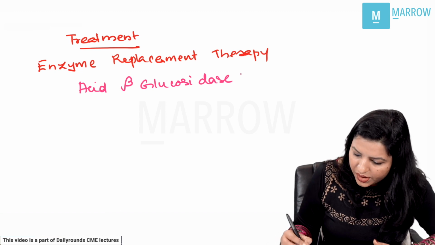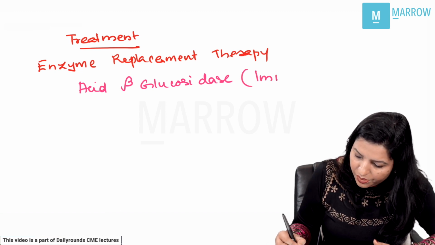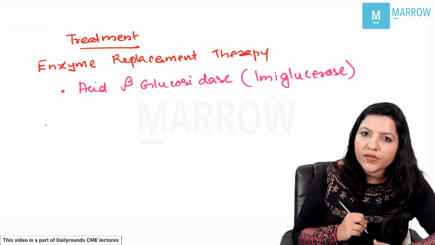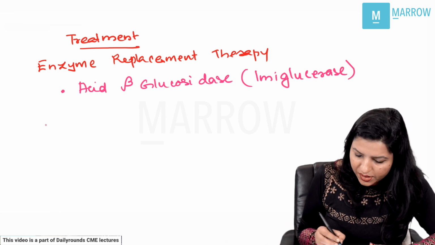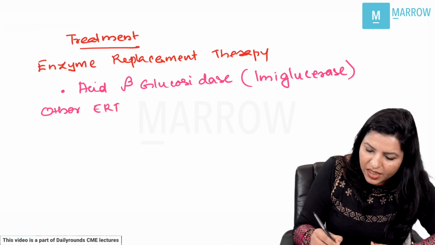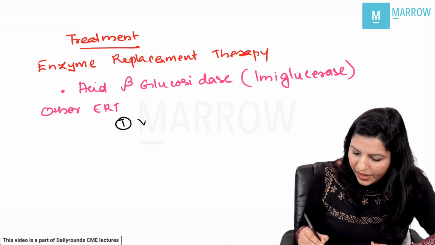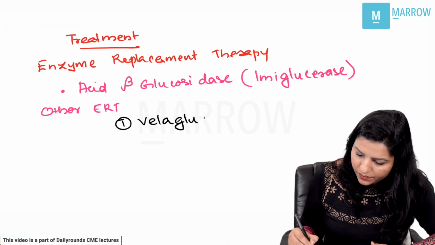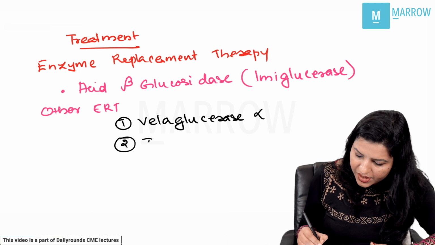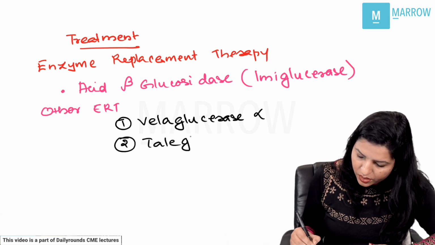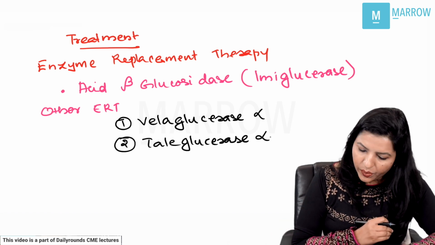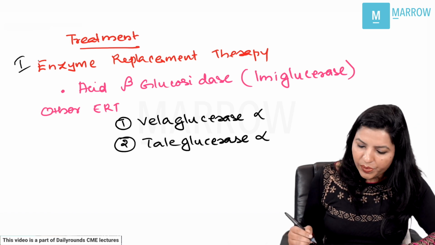The acid beta glucosidase is otherwise called imiglucerase. Other newly available enzyme replacement therapies are velaglucerase alpha and taliglucerase alpha. So that is the first treatment, enzyme replacement therapy.